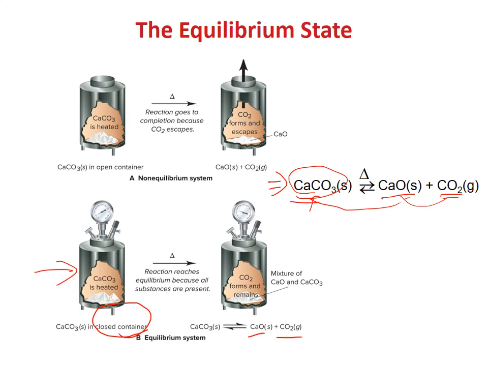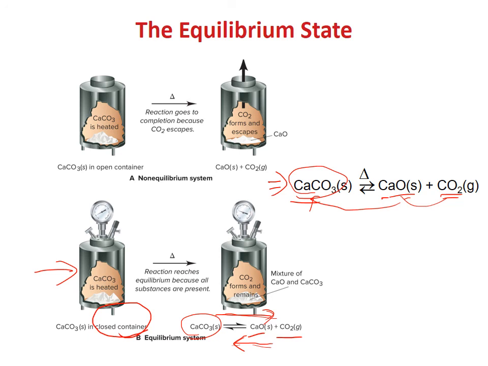Initially, we only have calcium carbonate, so the forward reaction proceeds. With time, more and more product forms, and so the reverse reaction becomes increasingly important. At a certain point, the forward reaction and reverse reaction have an equal reaction rate.